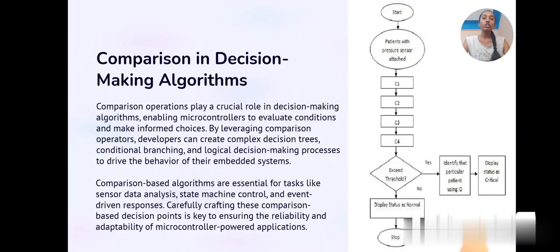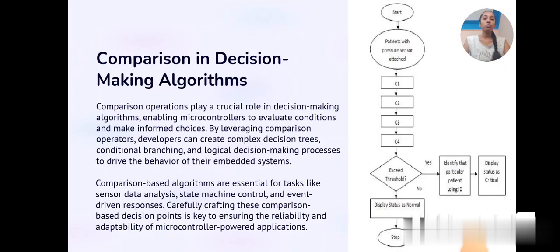Next is comparison in decision-making algorithm. Comparison operations play a crucial role in decision-making algorithms, enabling microcontroller to evaluate conditions and make informed choices. By leveraging comparison operators, developers can create complex decision trees, conditional branching, and logical decision-making processes to drive the behavior of their embedded system.